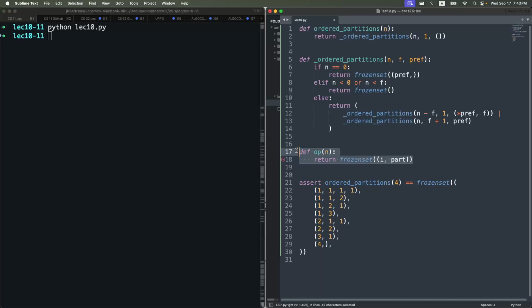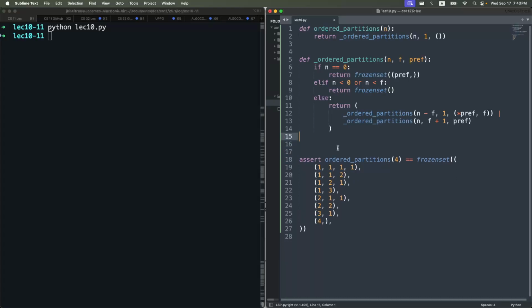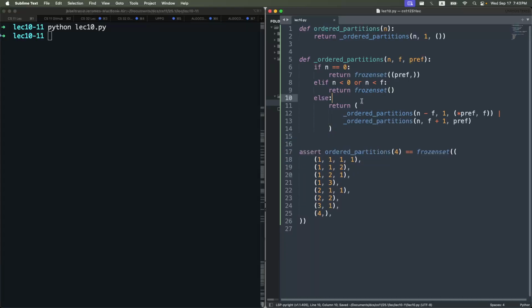I think it's more difficult this way. So let's stick with this. Okay, so we have ordered partitions like this in a cumulative recursion fashion.